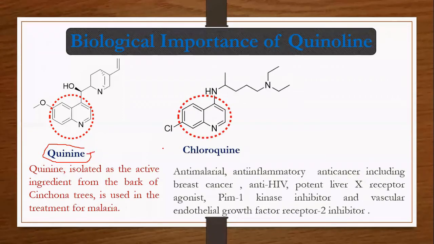We'll see another analogue of quinine. It is chloroquine. Now, this chloroquine drug acts as anti-malarial, anti-inflammatory, anti-cancer, including breast cancer, anti-HIV, potent liver X receptor agonist, and vascular endothelial growth factor receptor 2 inhibition.